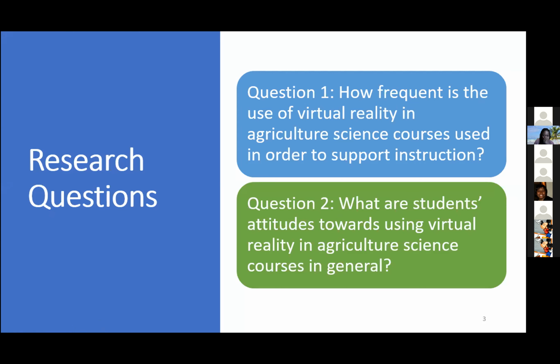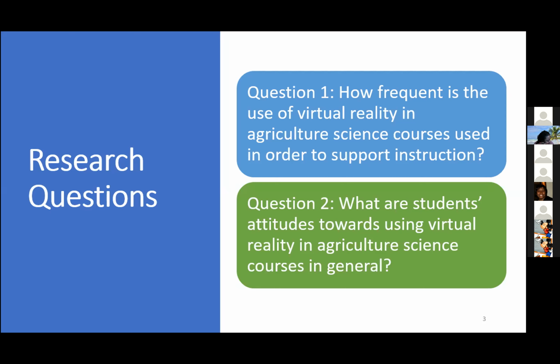Okay, I have a question about number one. Maybe it's just me, because y'all know I'm a little slow. For this question, you say how frequent? Could that just be like, they used it an average of 25 times, and that's it? It's not an average. In agriculture science courses, there are many various subjects, like the poultry department, like the swine department.